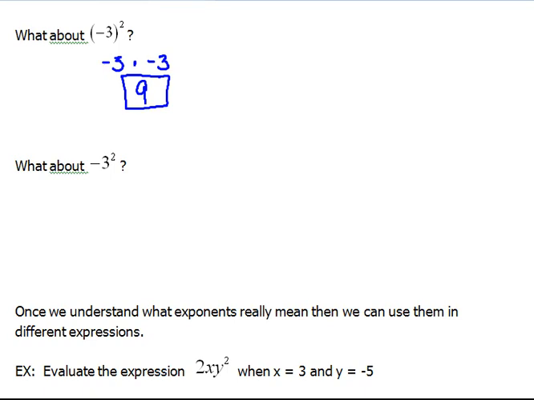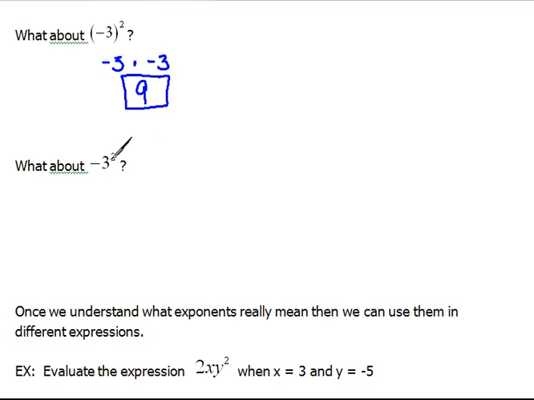Now the next one looks almost identical to that, just slightly different. We have the negative 3 not in parentheses this time, and we want to know how much of a difference that actually makes. Well, it makes a pretty big difference.